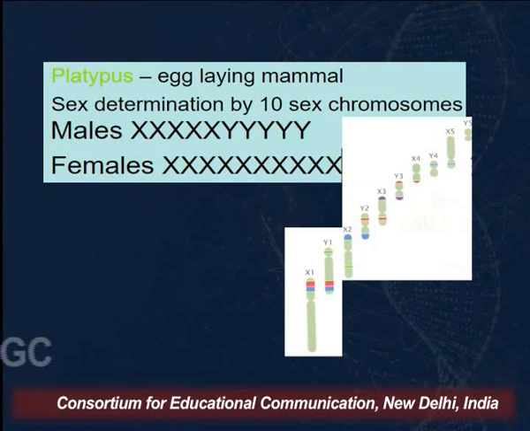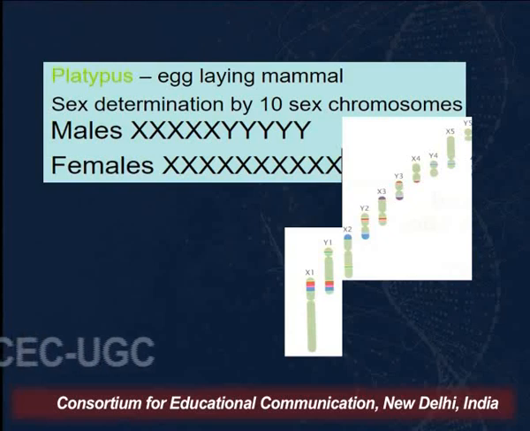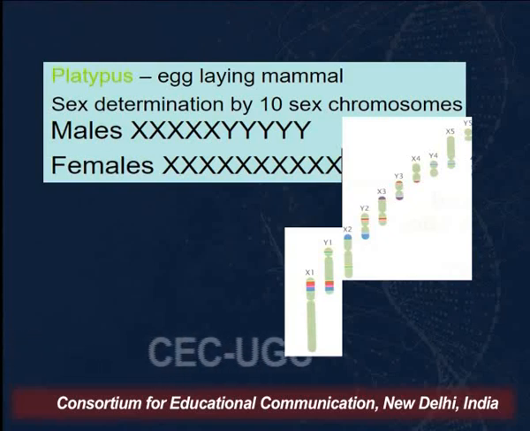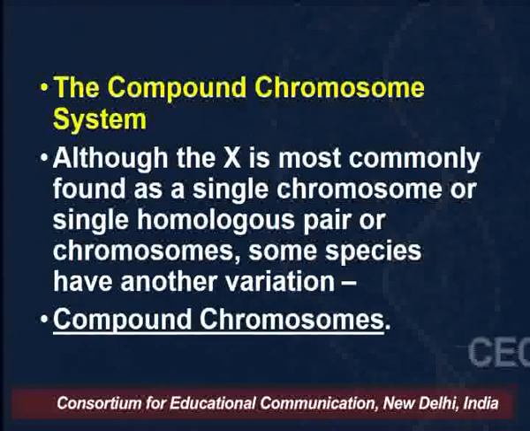Now this egg-laying mammal would have the multiple sex chromosomes, which you can see on your screens. They are there in a sequence which make the homologs. So it is not one X or one Y which is determining sex in this case, it is multiple ones.